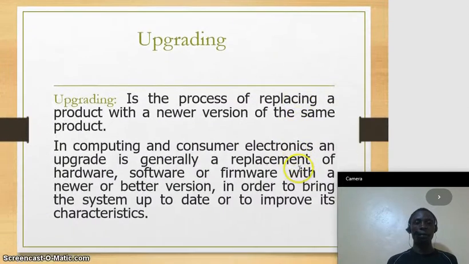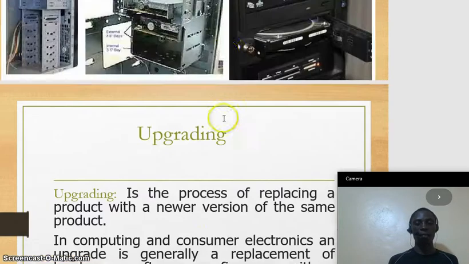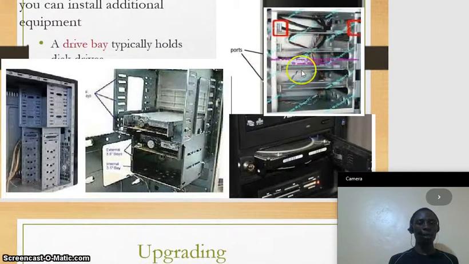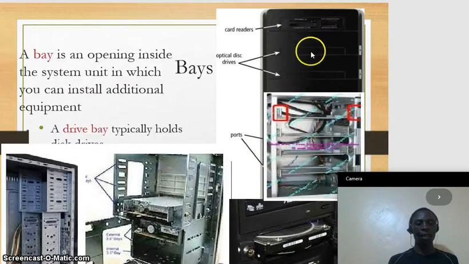Okay, so upgrading. Upgrading is the process of replacing a product with a newer version of the same product. So we can upgrade our system using the bays. I can remove a given CD or DVD-ROM drive, I add a new one, I upgrade it.